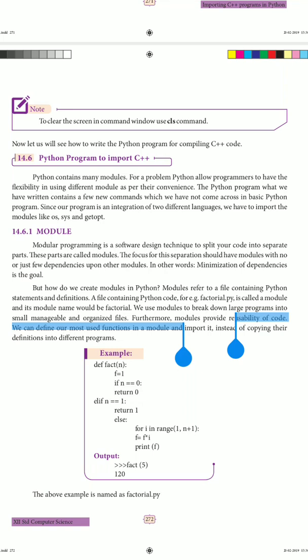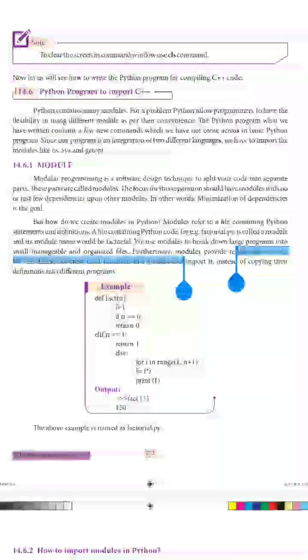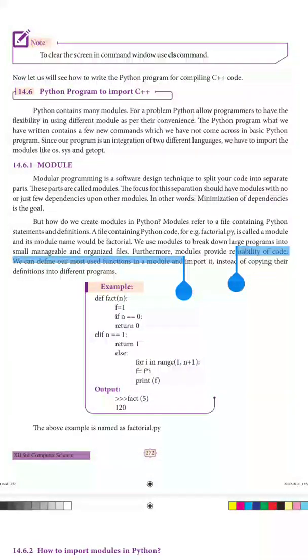In other words, minimizing dependencies is the goal. So how do we create a module in Python?